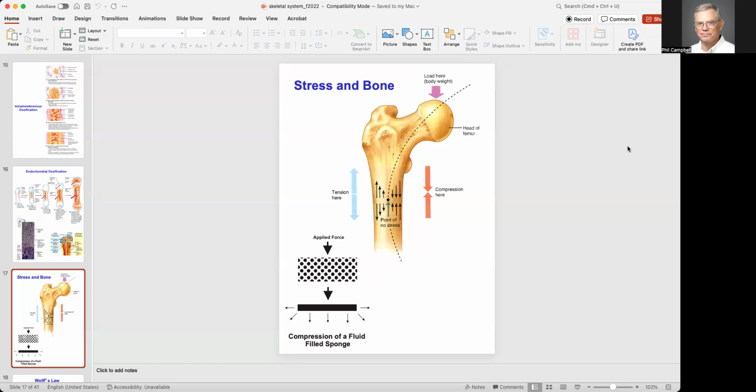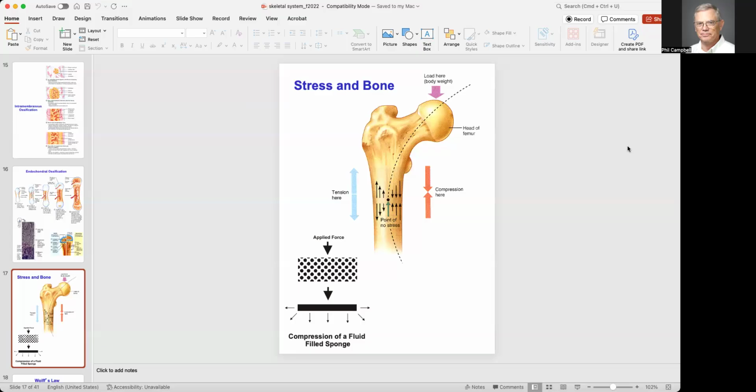The outside of the bow is under tension. Now that bow has to resist both of those forces simultaneously, as do your long bones. So they have the capacity to resist both compression and tension. Then there are also rotational forces, and they can resist those as well.